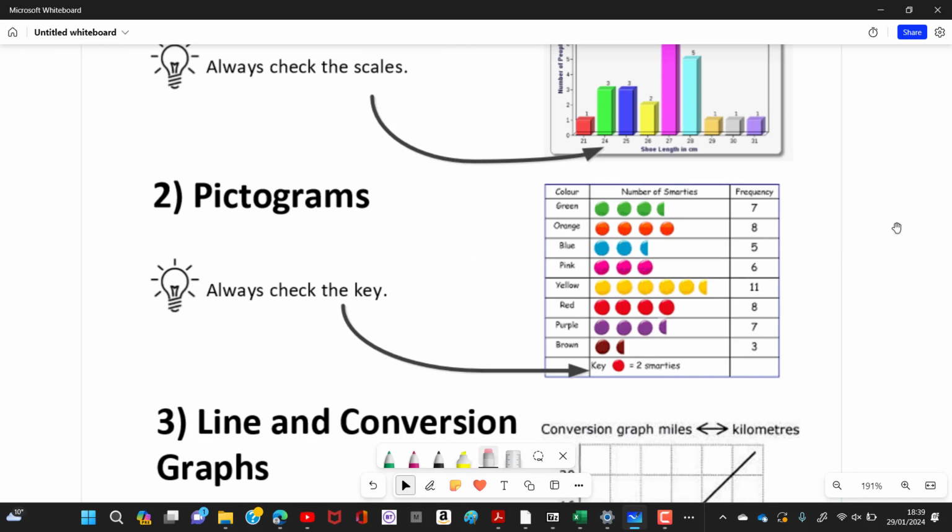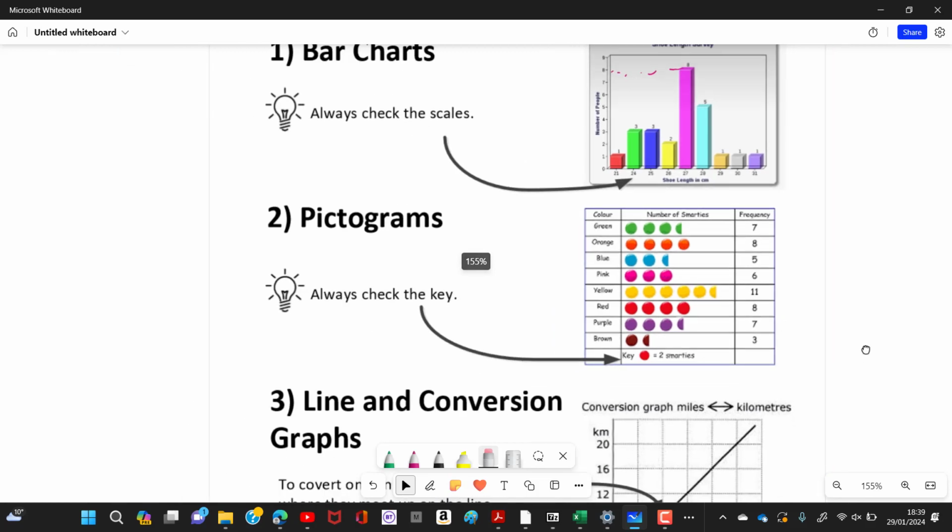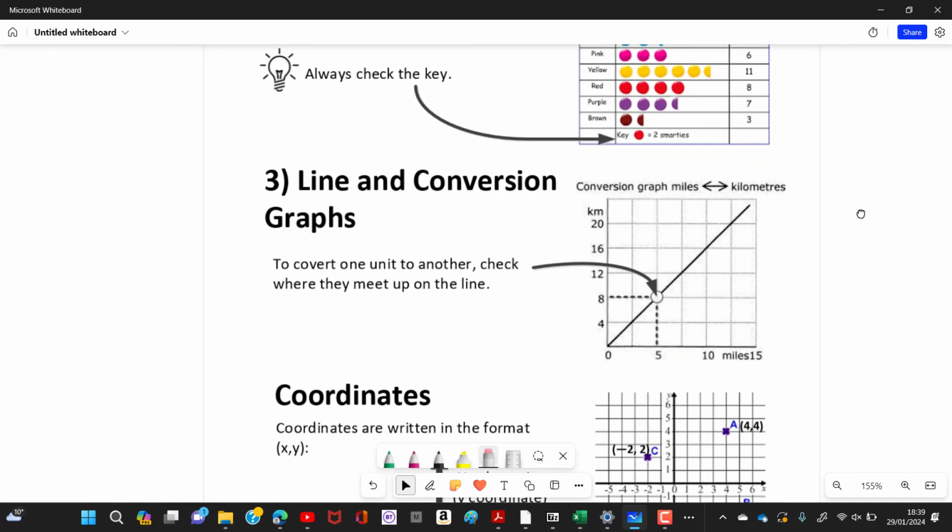The next graph you must know is the line and conversion graphs. This is basically when you convert one thing to the other. Here we're trying to convert miles to kilometers. So let's say you've been asked to convert 5 miles.